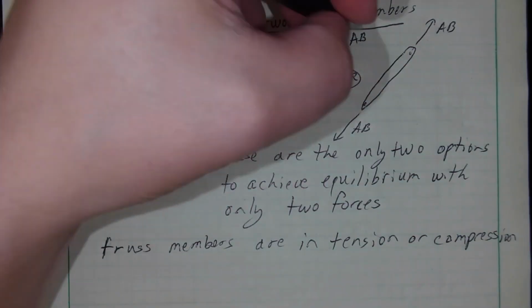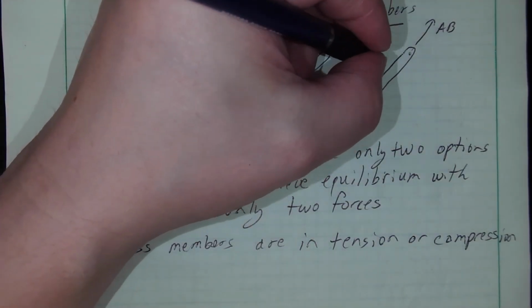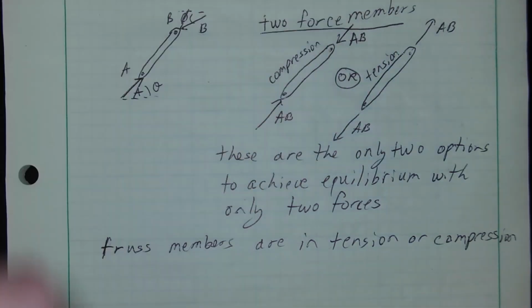Get out of here. This one is in tension. That means the forces are either pushing or pulling at the endpoints. So those are kind of the main things I want to talk about.